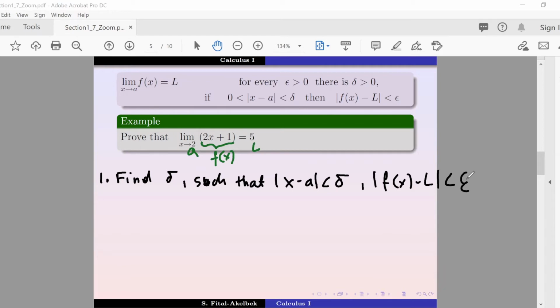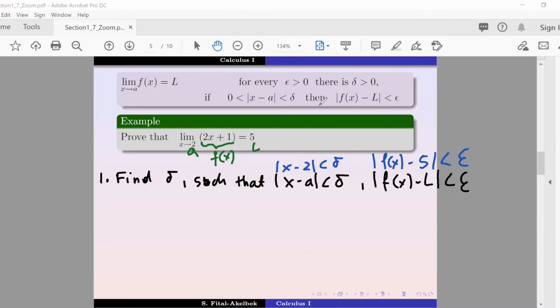We can write this using our numbers. So a is 2, so we have absolute value x minus 2 less than delta, and our f of x minus 5 must be less than epsilon.